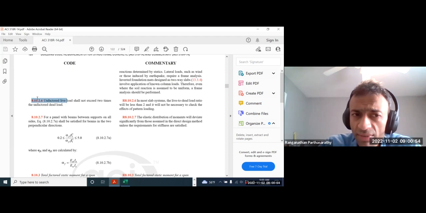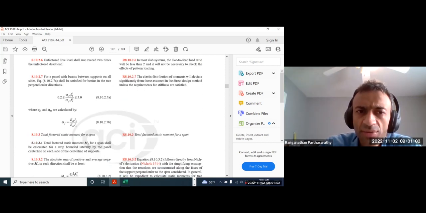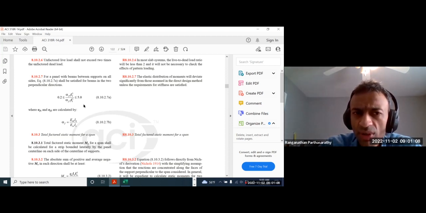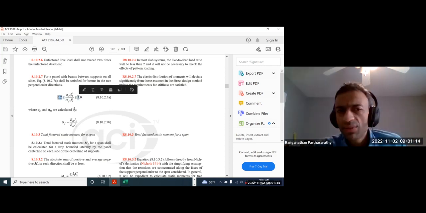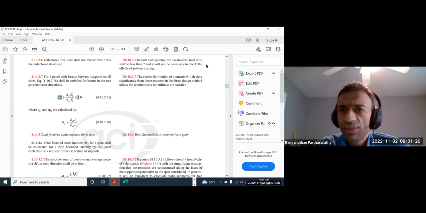So most likely we will not be allowed to even use the direct design method there. And when you do have beams between supports on all sides, then you must satisfy the condition for alpha F1 L2 square by alpha F2 L1 square. When all these are satisfied, then we can use the direct design method.